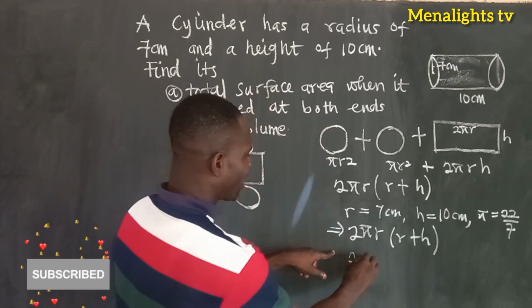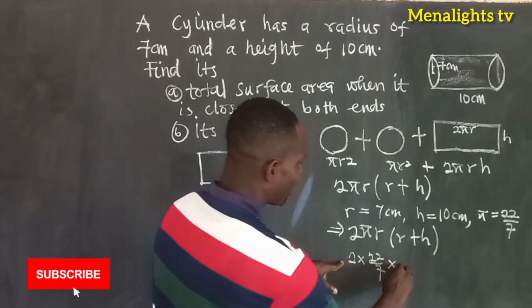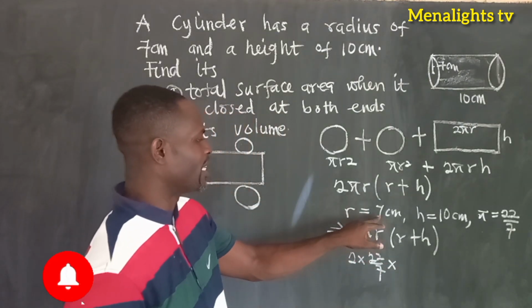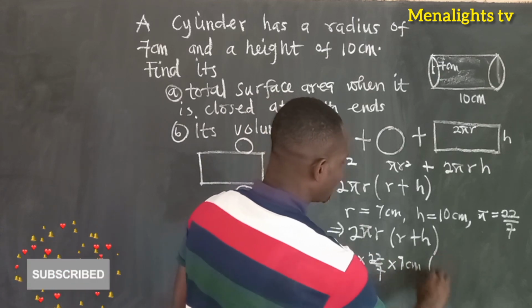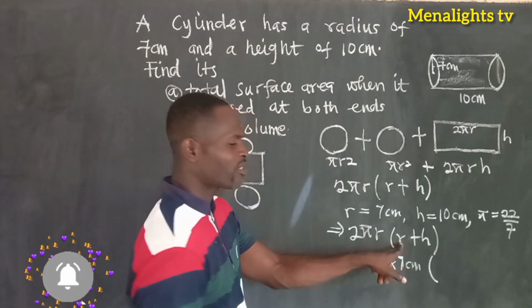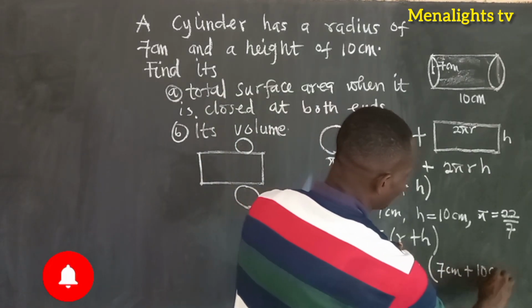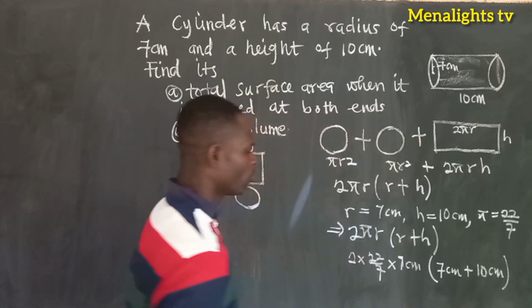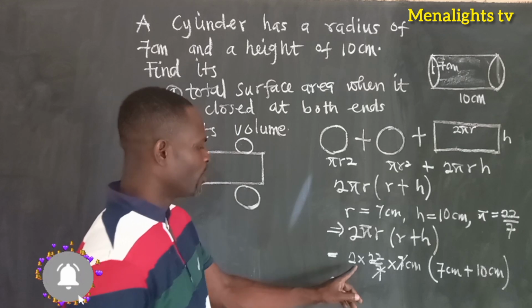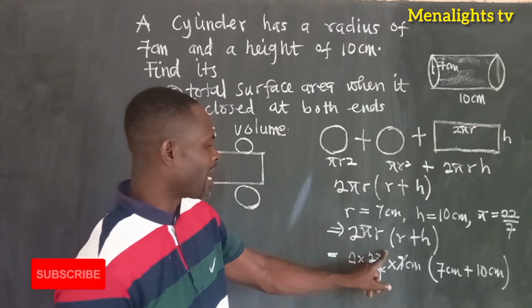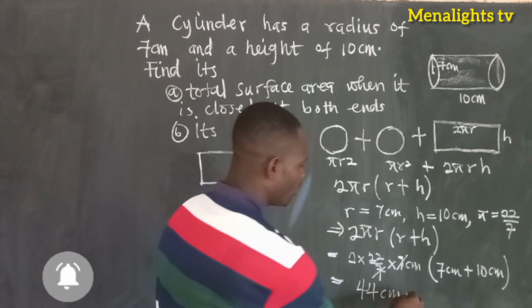So 2 times pi, which is 22 over 7, times the radius, 7 centimeters, then into bracket, the radius of 7 centimeters plus the height of 10 centimeters. Here the 7 will cancel the 7. Then we have 22 times 2, which gives us 44 centimeters.